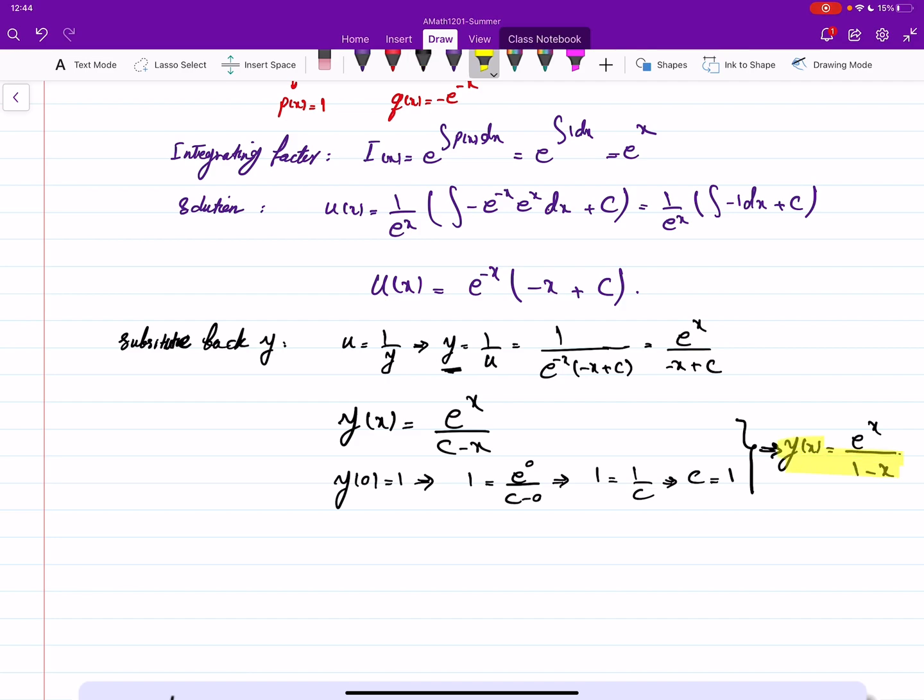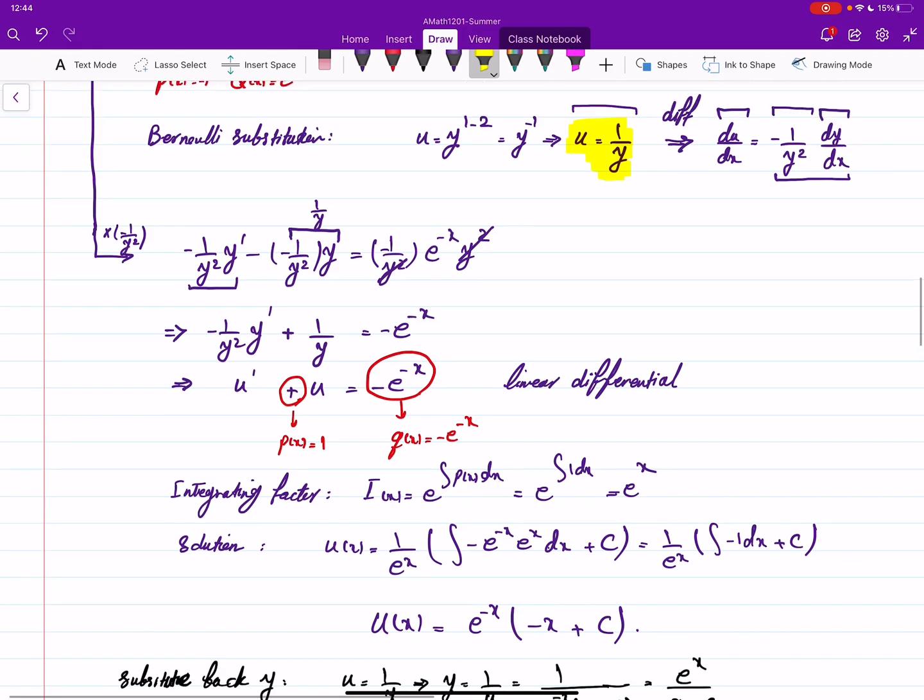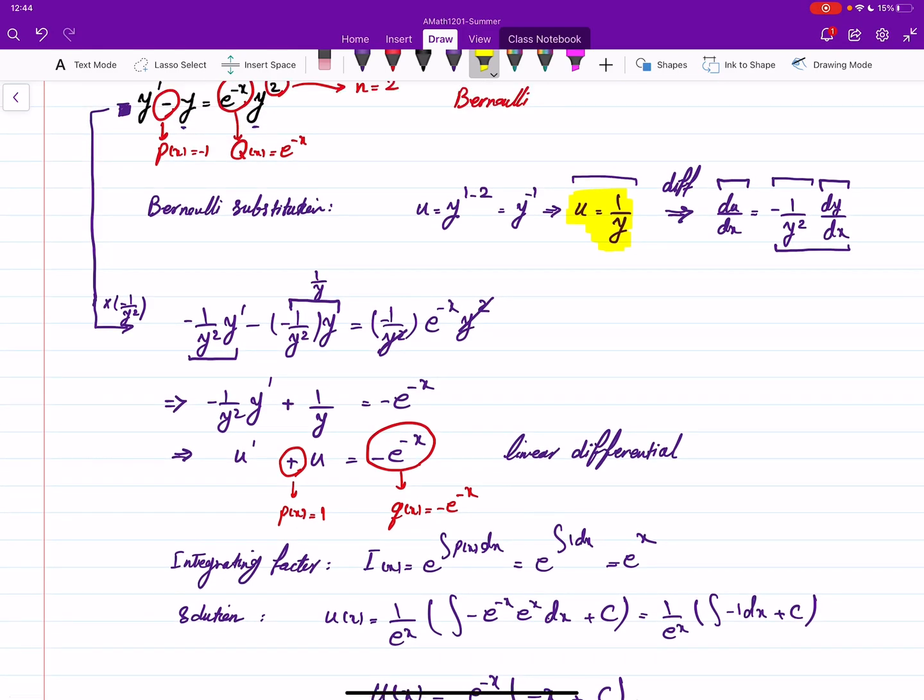There is a point here that all the steps that I have done here, it turns out that if you know how the Bernoulli substitution changes your Bernoulli differential equation to a linear differential equation, these can be done easily just by this.